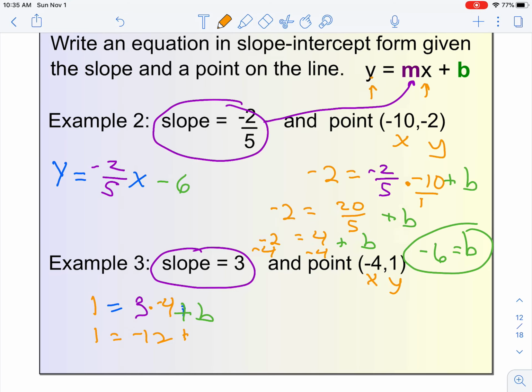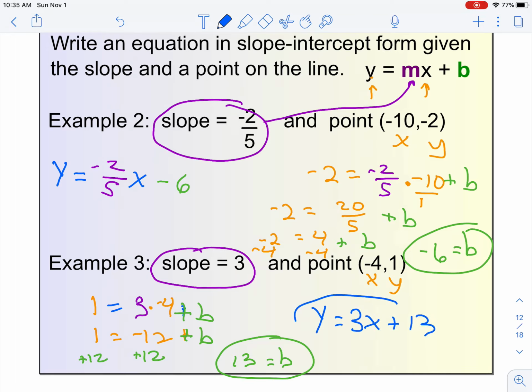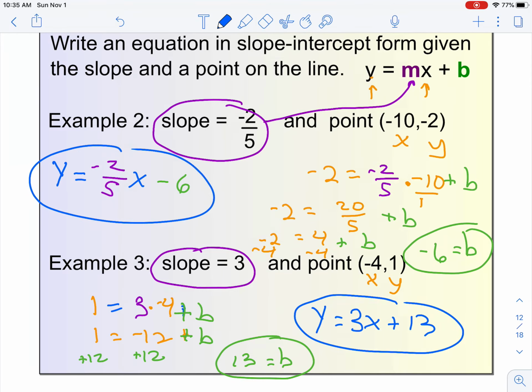So now what I have is 1 is equal to -12 plus b. And again, b is what I'm trying to find so that I can write that equation. Now I'm just going to add 12 to each side, and that gives me my b value is equal to 13. Now I have my slope, my y-intercept. I can go ahead and write the equation. Your equation should look like y equals 3x plus 13.